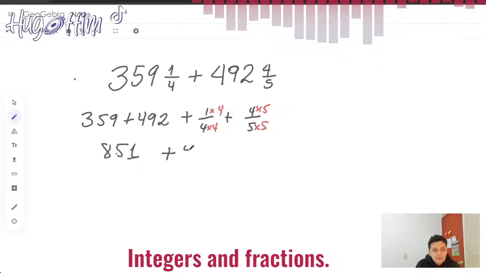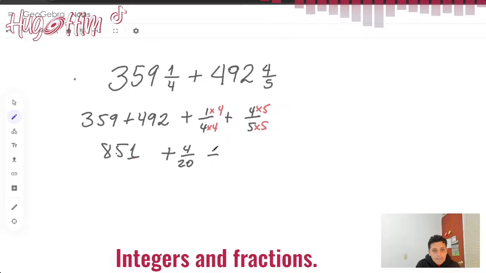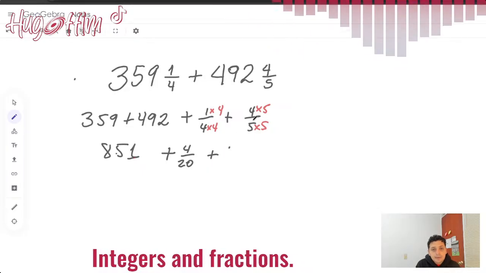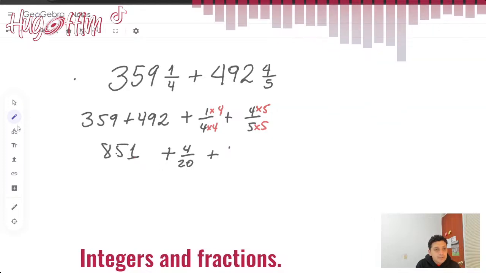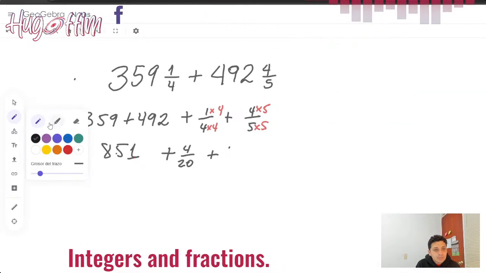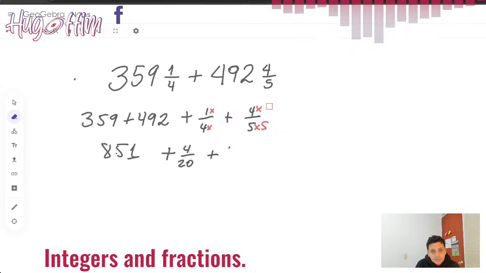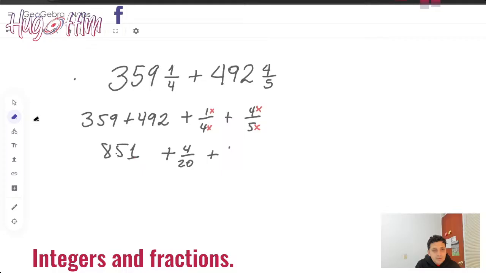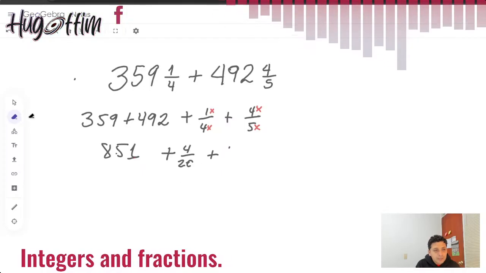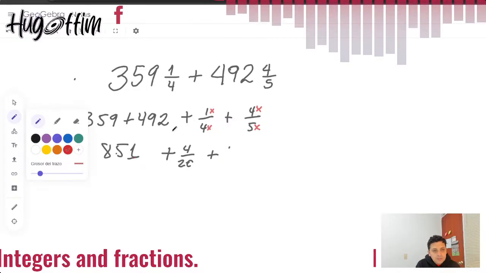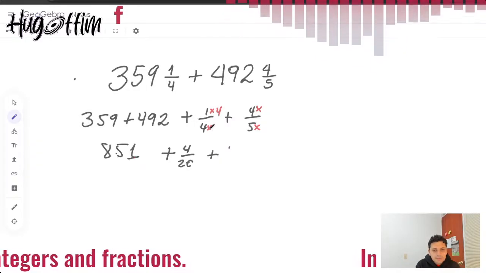Plus 4/20 plus... I'm sorry, I made a mistake here, right? Because I multiplied wrong. I need to multiply by 5 here and by 4 here, because I need a common denominator of 20, right? So times 4, times 4.